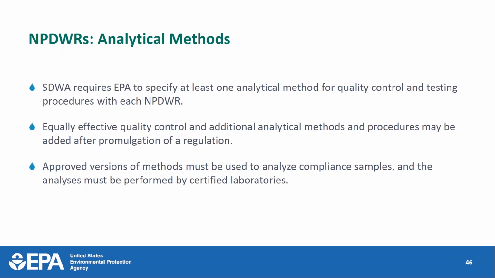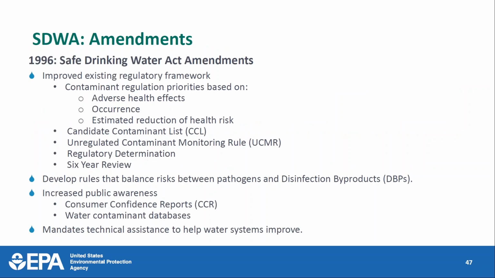The other thing the CFR tells us, which I didn't highlight earlier but is important to know, is that any samples taken for compliance with national primary drinking water regulations must be analyzed by a certified laboratory. And by a certified laboratory, I mean one that has been certified by the state that it's doing business in, or accepted by the state that it's doing business in. Next slide, please.